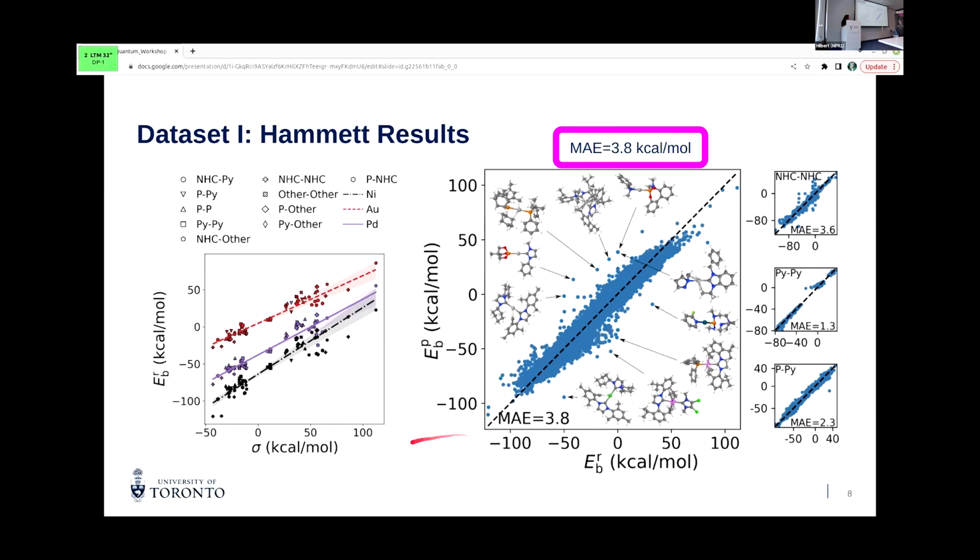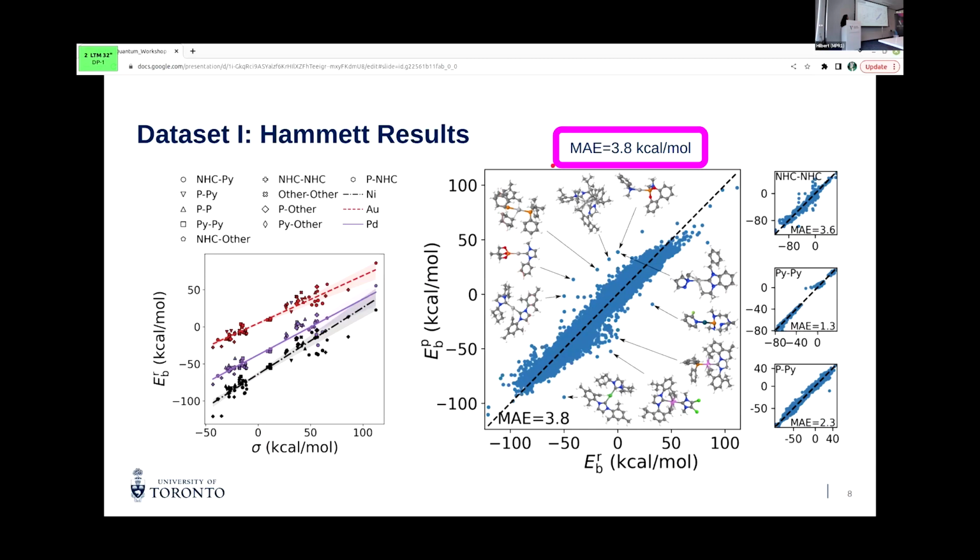After fitting the parameter, we can make a Hammett plot like this. I've used free metals in this plot just so that it's easier for us to see. The scatters are the true energies, and the lines are the Hammett fit. So the slopes here are the rhos, and I plotted them against sigma.